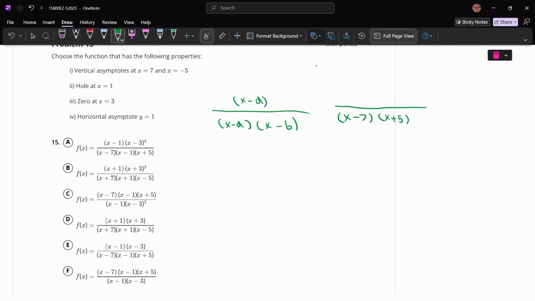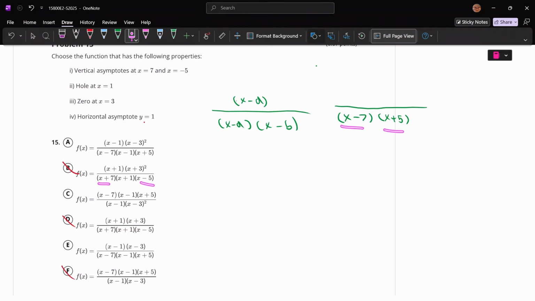And so right off the bat, we can eliminate answer choices B, as well as D, and then F as well, because none of them have an x minus 7 or x plus 5 term.